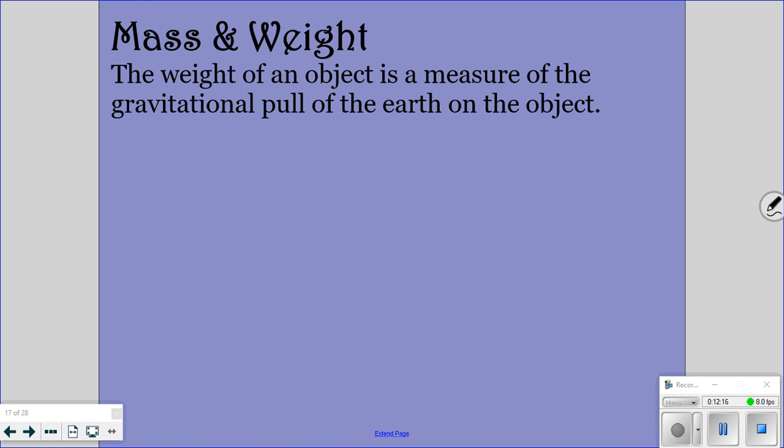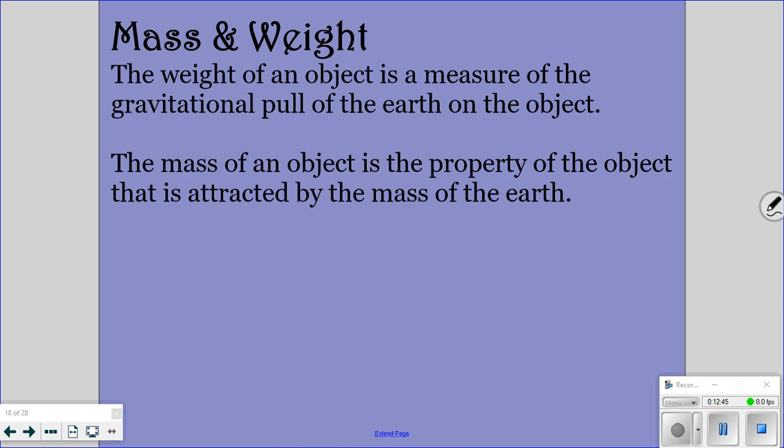Y'all may have been to the place in Shreveport, Sci-Port, where they have a scale, and they have them at other places too, and you can stand on it and select a different planet, and it would tell you how much you would weigh. And if you're on Jupiter, then you're going to be way heavier, and if you're on maybe, I don't know, Mercury, you may weigh less. But that just depends on the gravitational pull of the planet.